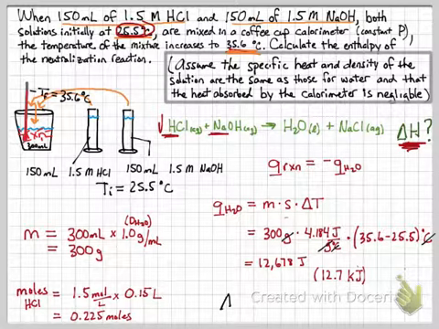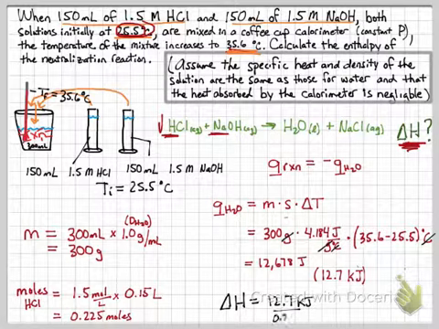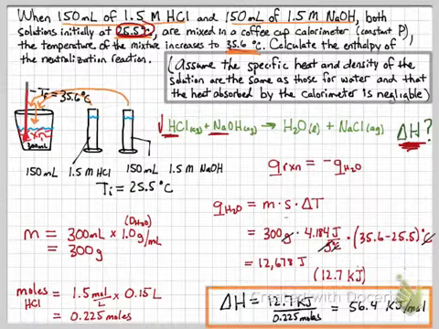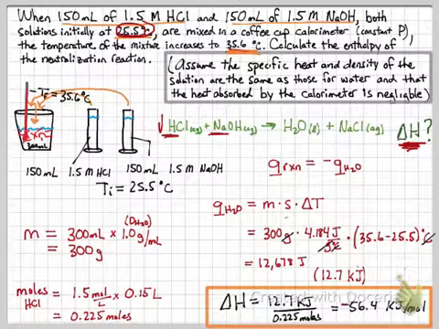Per mole, then enthalpy is 12.7 kilojoules divided by the 0.225 moles of HCl actually used, and we get 56.4 kilojoules per mole for the enthalpy. And then, of course, it is negative because the reaction is exothermic.